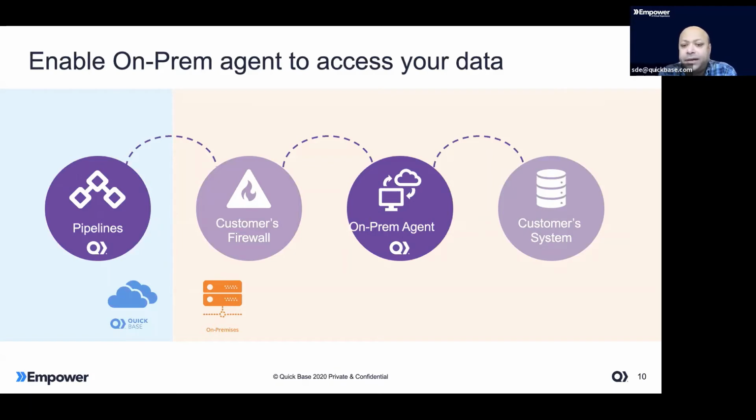But what this On-Prem Agent does is that it effectively mediates the communications between your on-prem data, let's say in this case, your SQL Server data, and our Pipelines infrastructure, which sits in the QuickBase Cloud. And what this basically does is it makes it possible for you to access your on-prem data in a secure and reliable manner. And it is bidirectional, meaning that you can flow changes back into your SQL database.